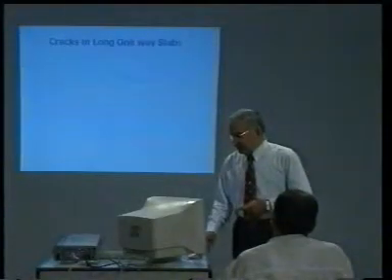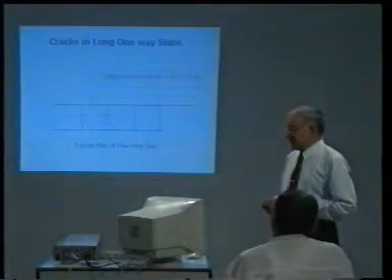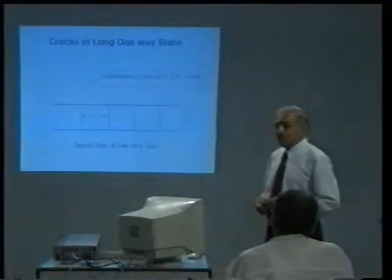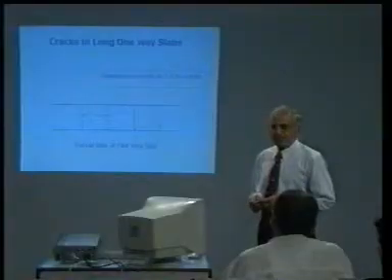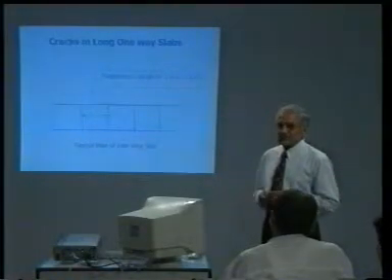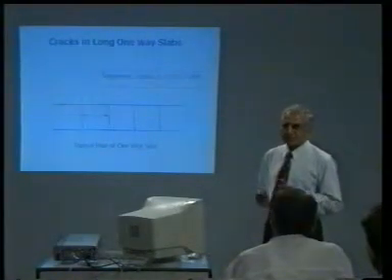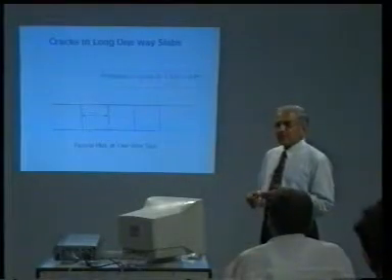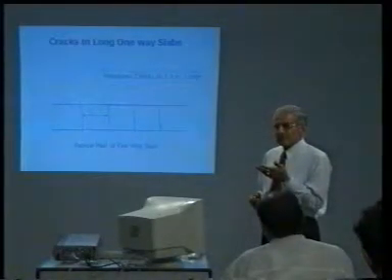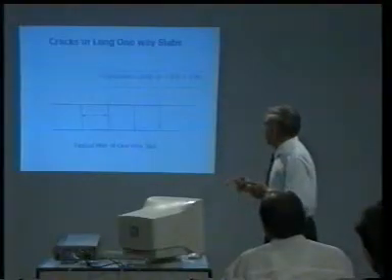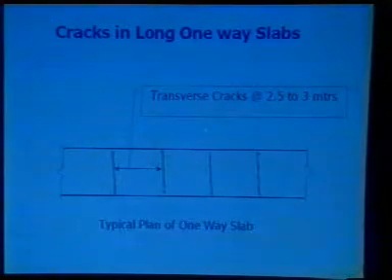Now, the problem of cracks in long one-way slabs. If you have ever tried to notice long corridors in school buildings, office buildings, hospital buildings, particularly at the topmost floor, you would find that there is a regular pattern of cracks in the long transverse direction. This can easily be avoided, but first we want to understand why these cracks take place. They are because of the thermal response of the slab at that place.